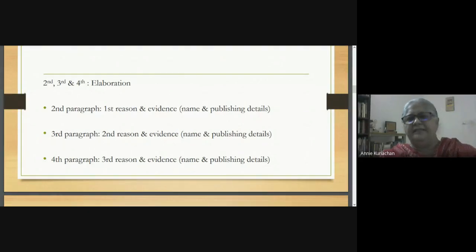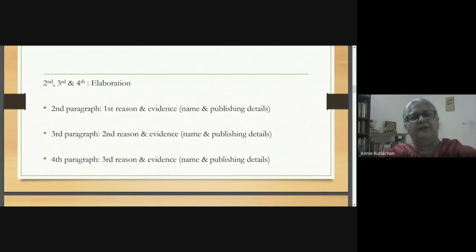Provide evidence either from the text that you're studying or from the phenomenon that you're exploring. And these evidences can also be text-based, and it also can be a little more validated with the contribution of other scholars.